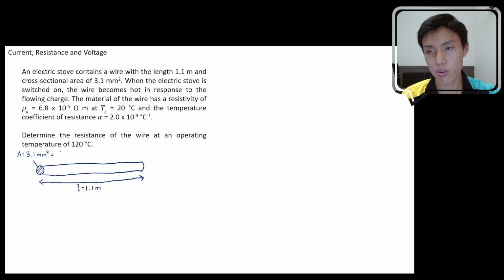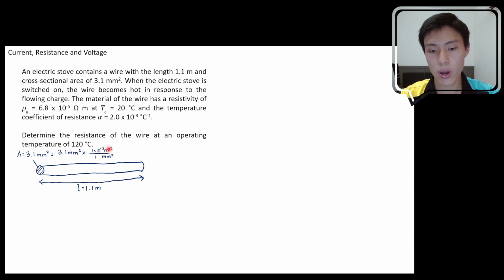If we like to convert it, we need to eliminate millimeter square. We have to introduce meter square as our replacement. We know that 1 millimeter is 1 times 10 to the power of negative 3 meter, because we're replacing the milli over here with times 10 to the power of negative 3.